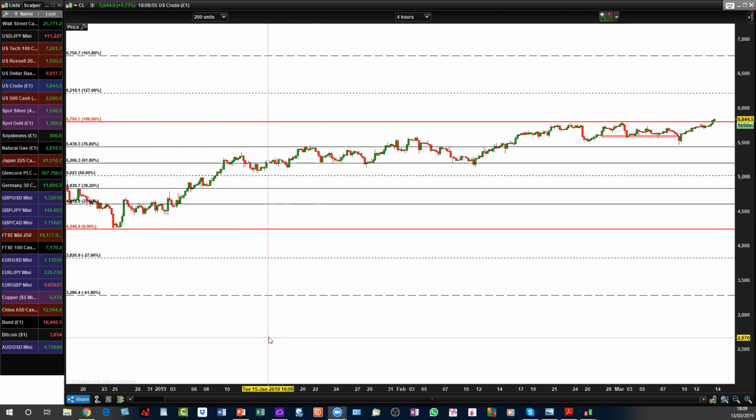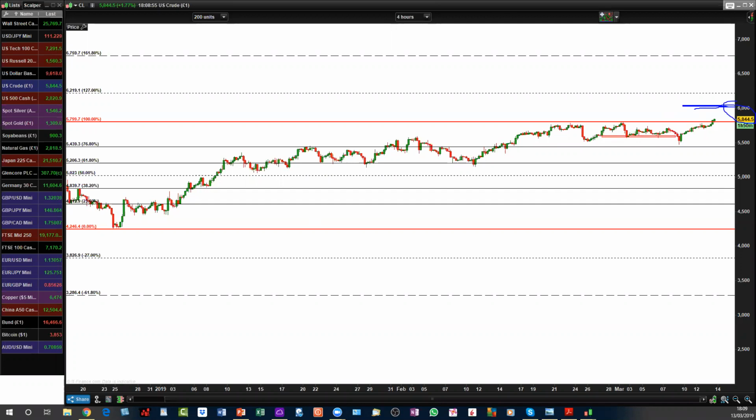So you've basically got hundreds of millions of dollars lined up on key pivots. So a key pivot for oil could be $60.